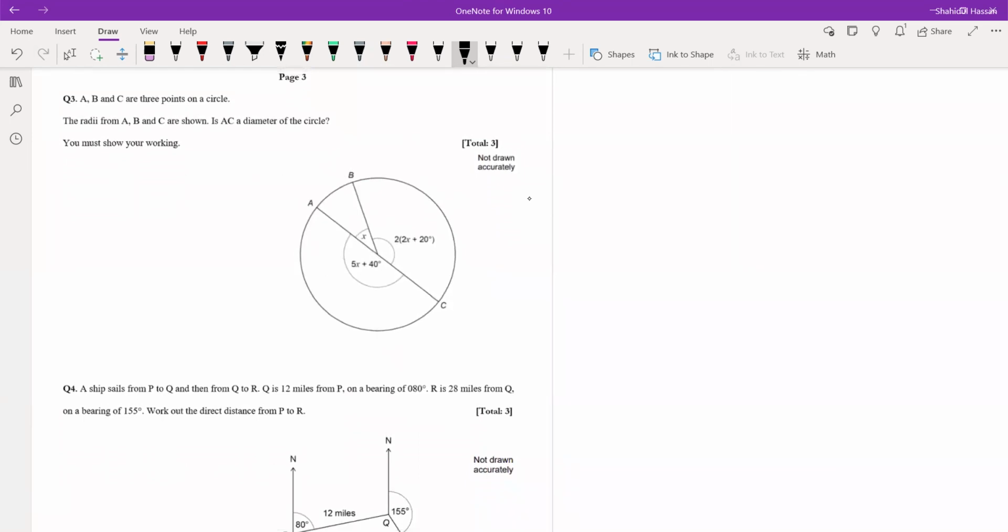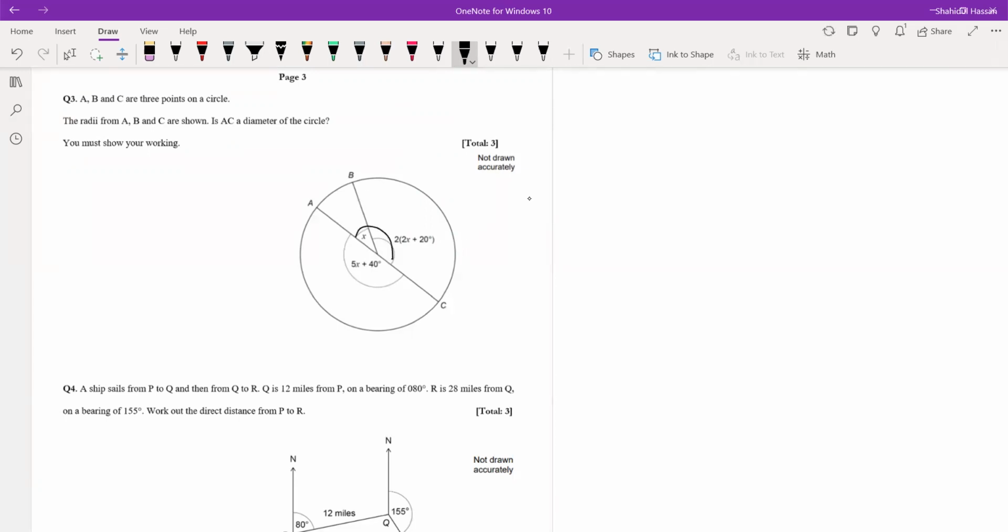A, B, C, and D are 3 points on a circle. The radii from A, B, and C are shown. AC is the diameter of the circle. What am I supposed to do here? Is AC the diameter of the circle? So we have to find if AC is the diameter, sir, then this half should be equal to 180 degree.